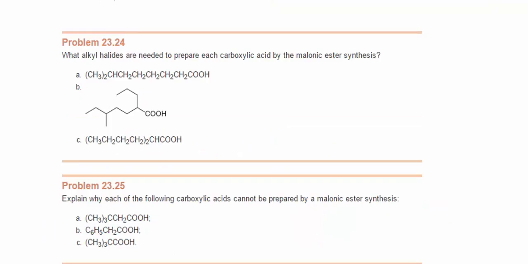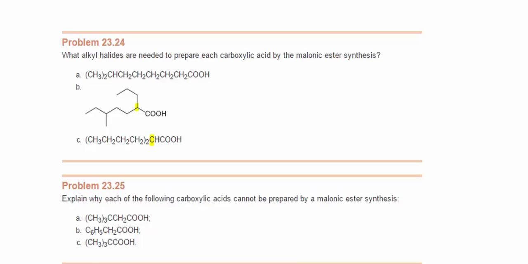Number 24, what alkyl halides are needed to prepare each carboxylic acid by the malonic ester synthesis? Well, in order to find that, start by finding the alpha carbon to the carbonyl. So my alpha carbon is here, my alpha carbon is here, my alpha carbon is here. Now, everything that is bonded to that alpha carbon were alkyl groups that had to be brought in.